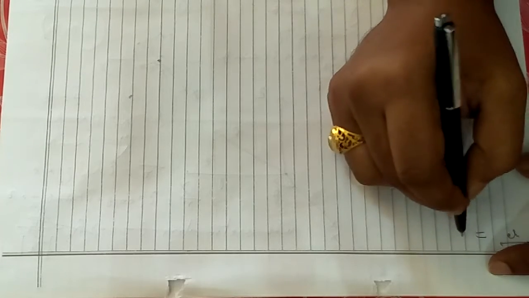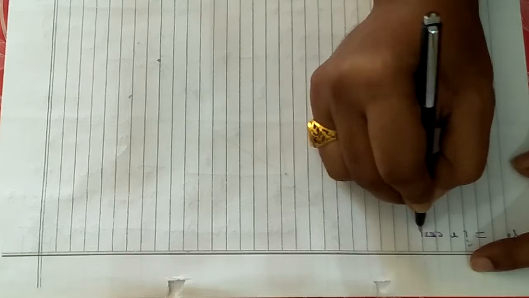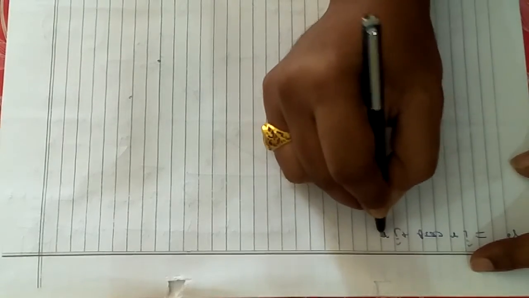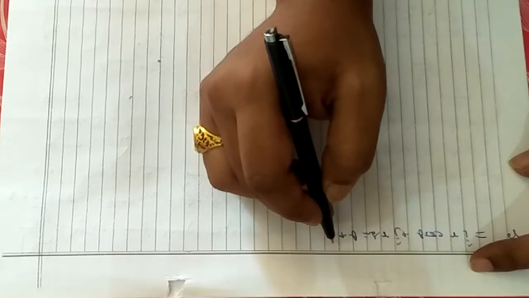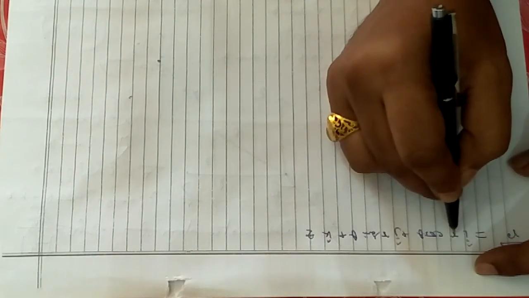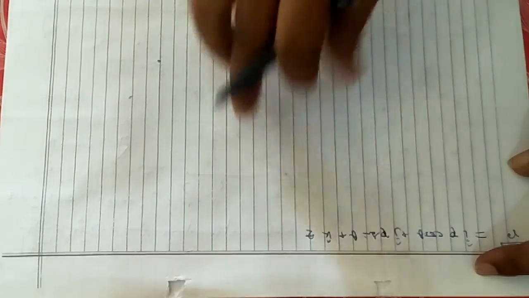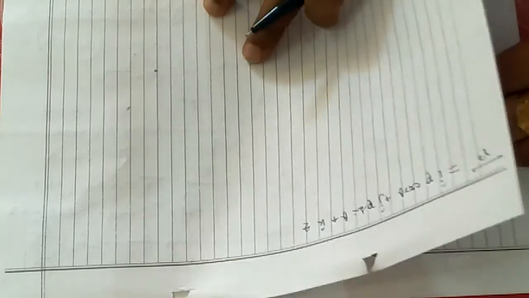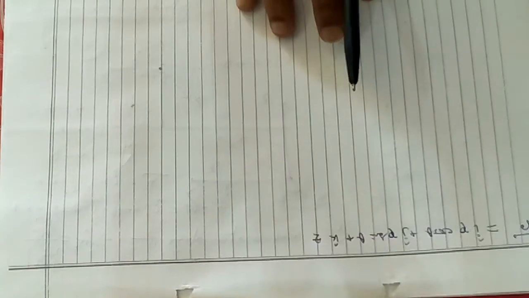The value of r was equal to i cap into rho cos theta plus j cap into rho sin theta plus k cap into z. Did we consider r? No, we considered rho. Rho cos theta, rho sin theta, z.